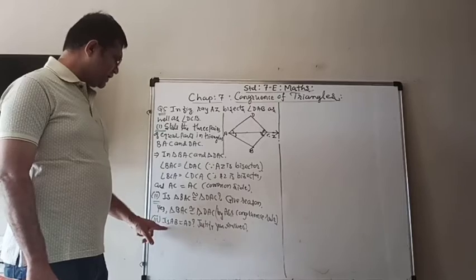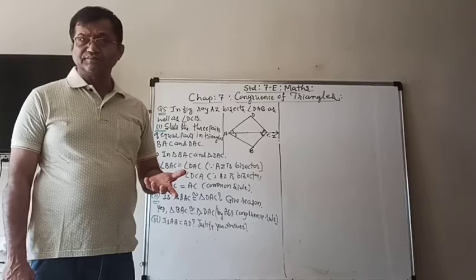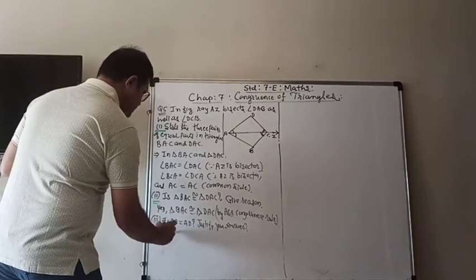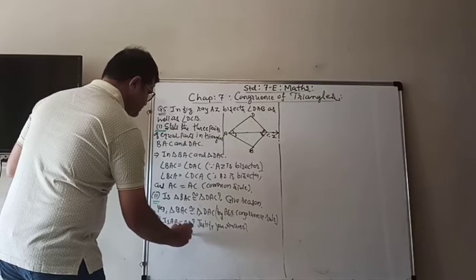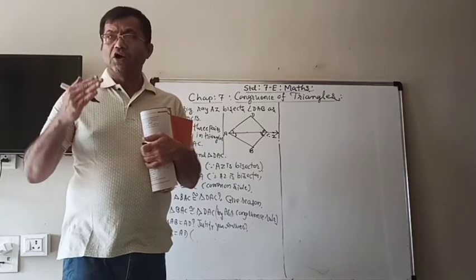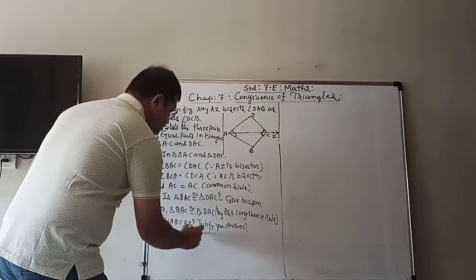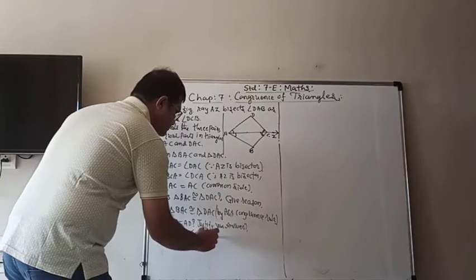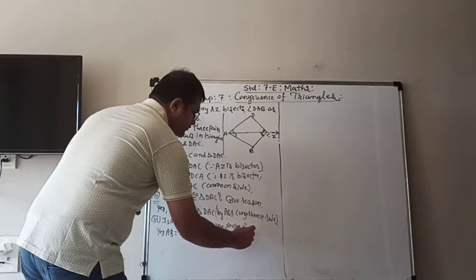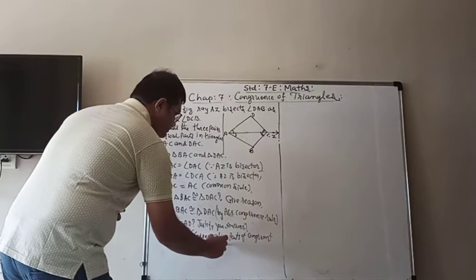It means that AB and AD are the corresponding parts and therefore they are equal. So yes, AB is equal to AD. I told you we can write CPCT also, or corresponding parts of congruent triangles.